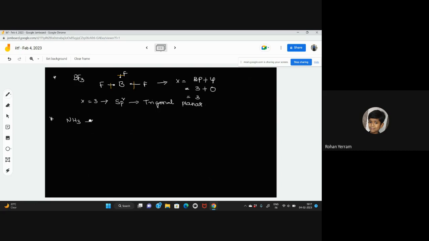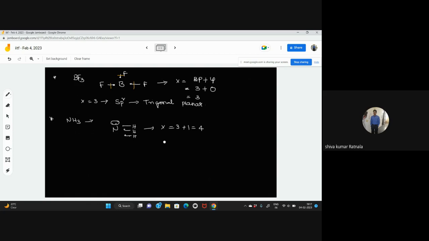Pyramidal shape. Very good. So nitrogen valence electrons are how many? 5. And each electron will form one bond with hydrogen, right? Yes, sir. So this is going to become one lone pair. So what is the X formula? Bond pair plus lone pair. How many bond pairs are there? 1, 2, 3 bond pairs. Plus lone pairs, how many? 1. 3 plus 1 means 4.